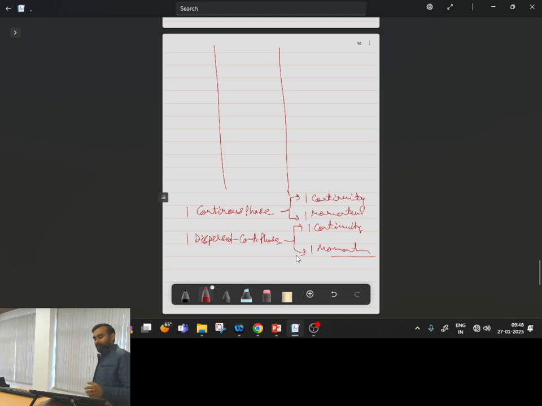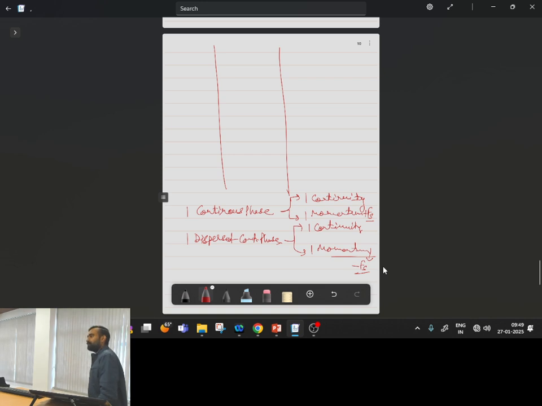However, these two different continuous phases are also intermingled with each other. So for their intermingling effect, in the momentum equation of the continuous phase I will be adding some source term for the forces coming because of the dispersed phase, and in the other case this becomes minus f of s. So we have to define some interaction forces.